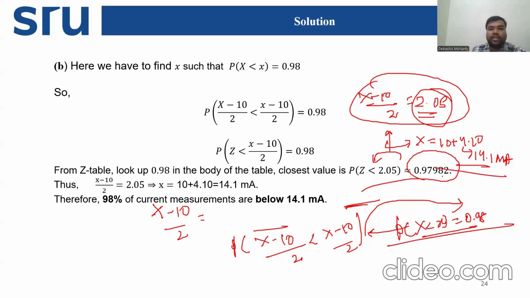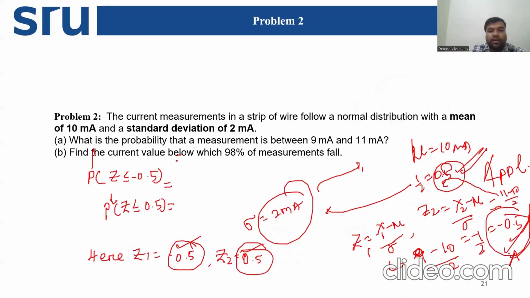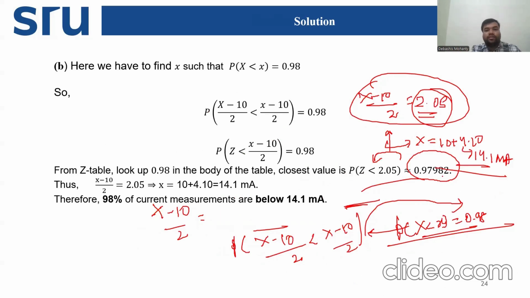The data given is that 98% of measurements of current fall below it. So for the below 98% case, with 0.98, we get 14.1 milliampere.